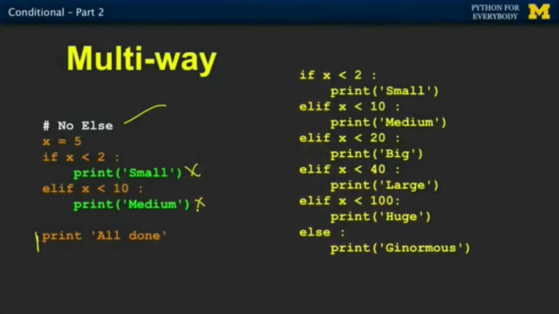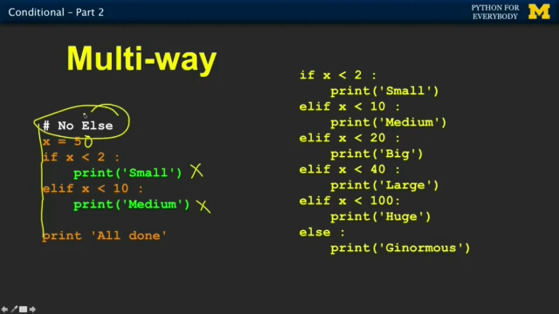In this case, x is 5. It's not going to do this one, but it is going to do that one because x is less than 10. But if x was, for example, 50, then that would be false, that would be false, and it would just go. Neither of these two things would execute if x were 50. Okay? So you don't have to have an else if you don't want to.